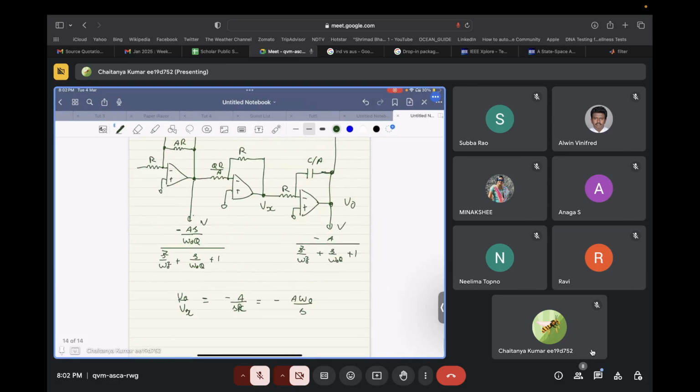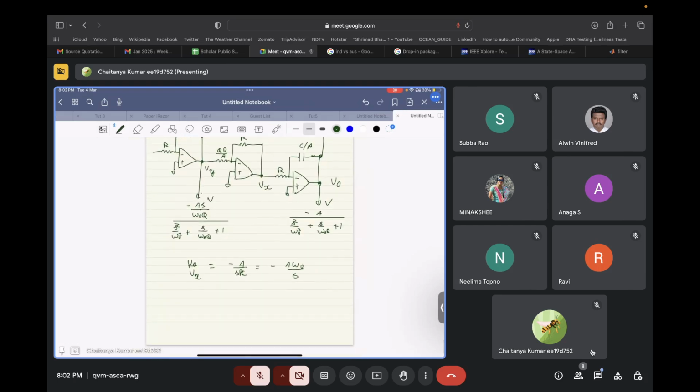And if this node was Vy, so what is Vx by Vy? Let's call this node Vx and this node Vy. So this is V naught by Vy. And what is Vy by Vx?